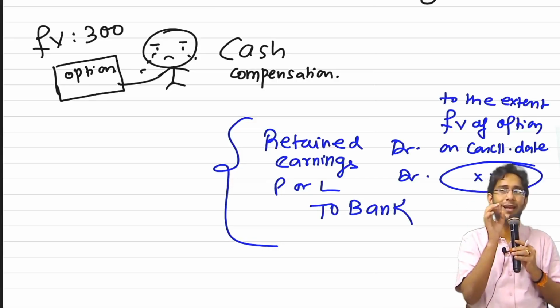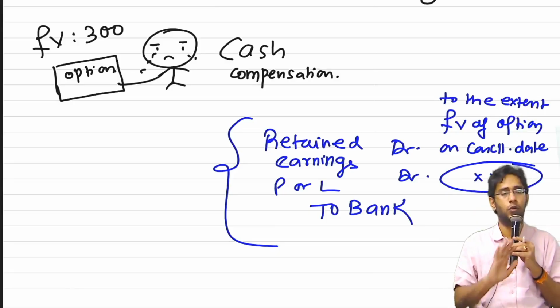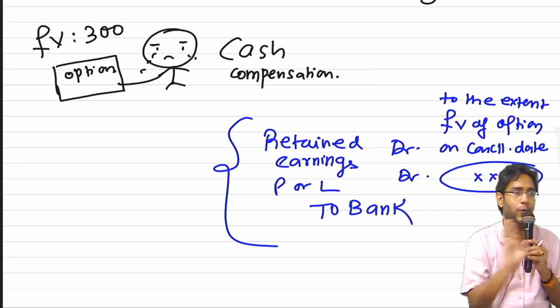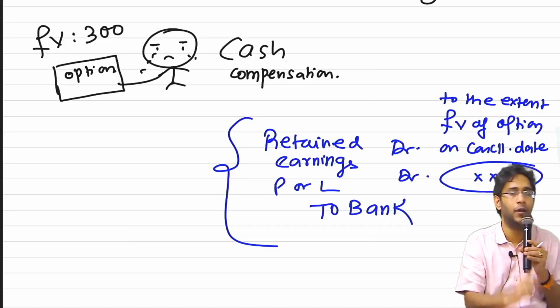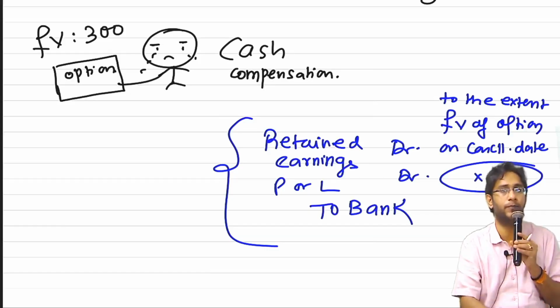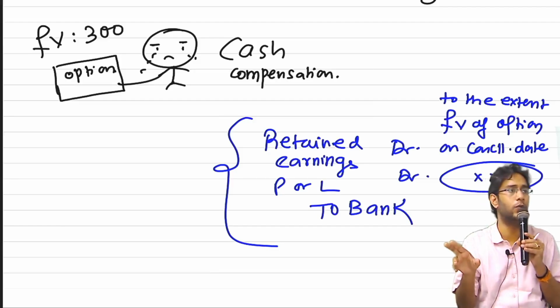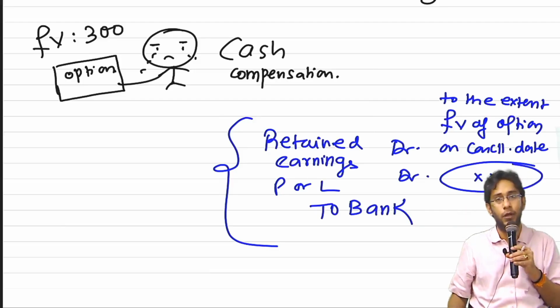So if you pay exactly 300 rupees, the total goes to retained earnings, debit to bank. You pay 280 only, no problem, retained earnings to bank. But if you pay 320, the 20 rupees will go into, why, sir, P&L?